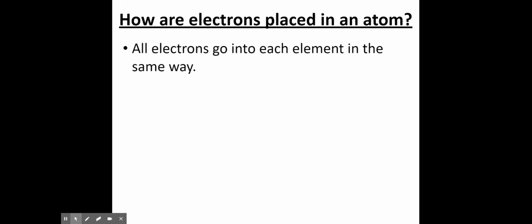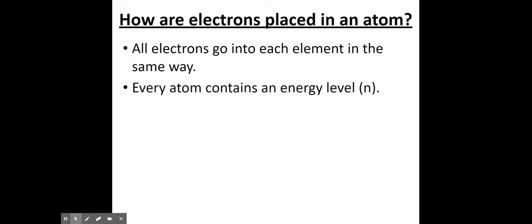We are going to task you with being able to list the order in which electrons are filled in shells around a given atom. The first thing to notice when you look at the periodic table is that each row represents one energy level.